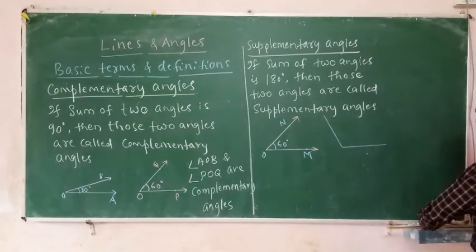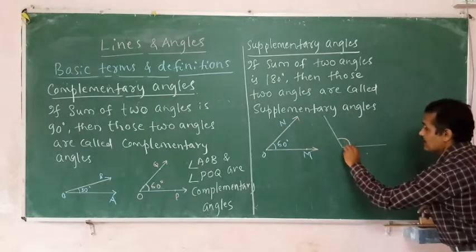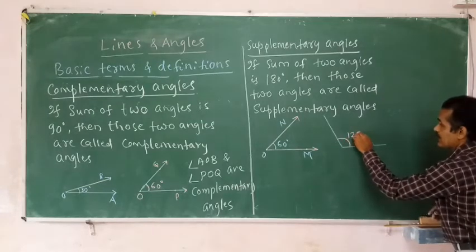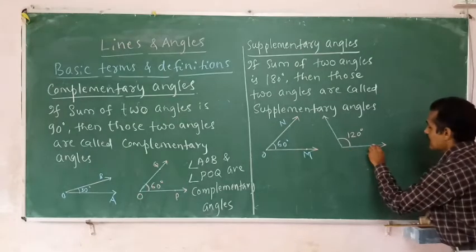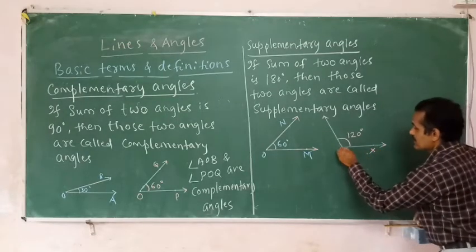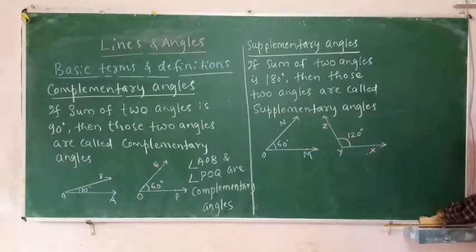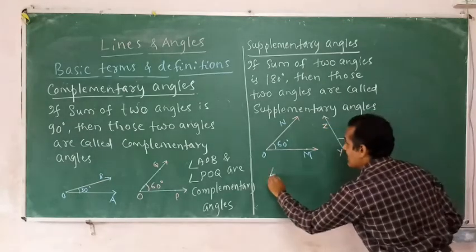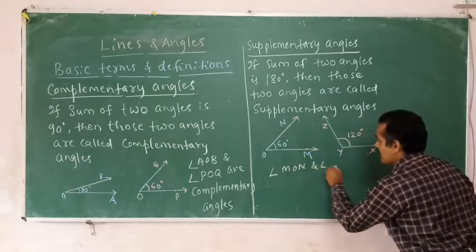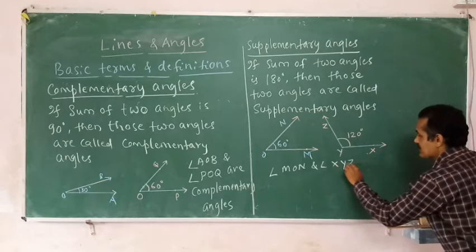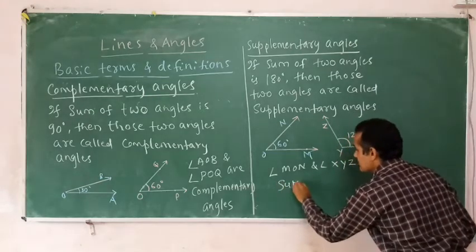This is an obtuse angle. This is an acute angle. Let me call it 120 degrees. I can say X, Y, Z. And I say angle MON and angle XYZ are supplementary angles.